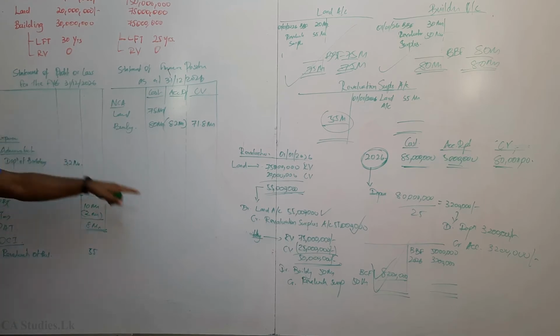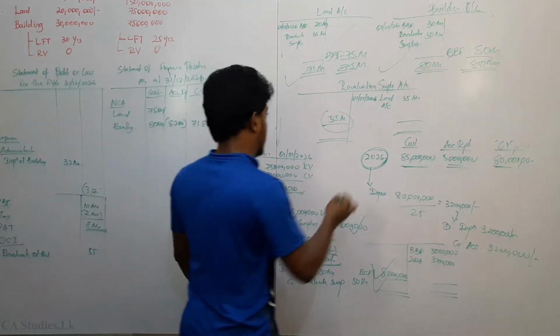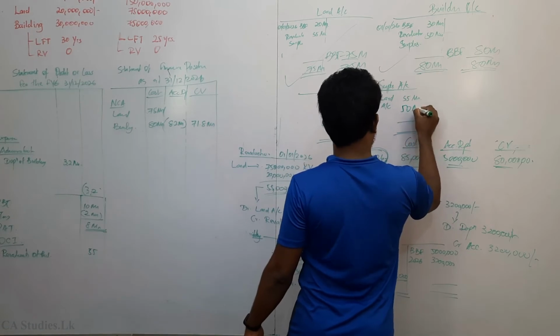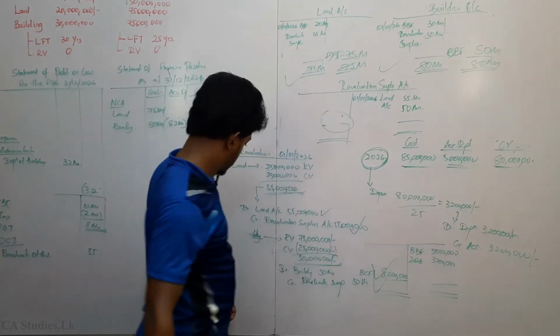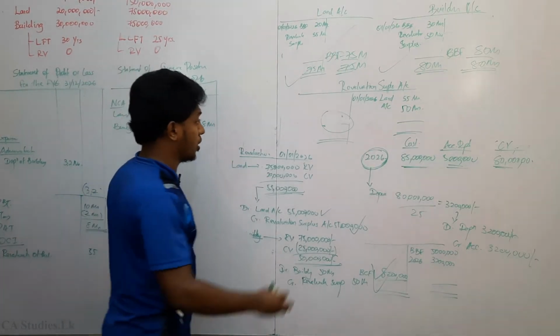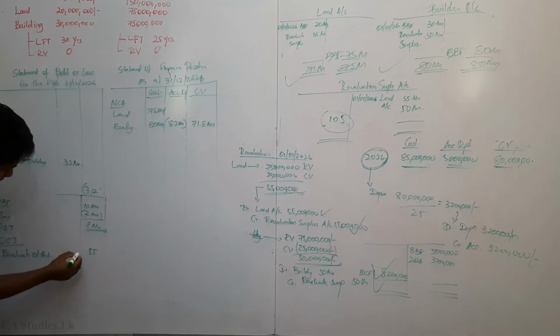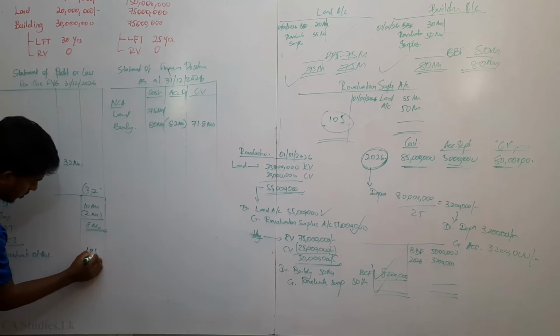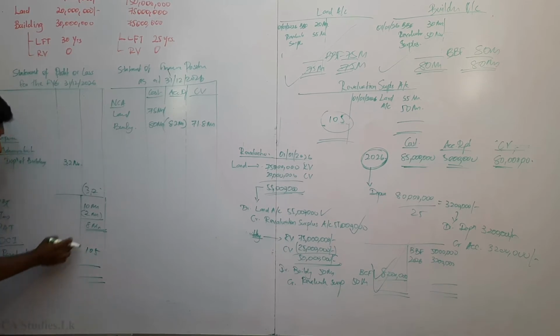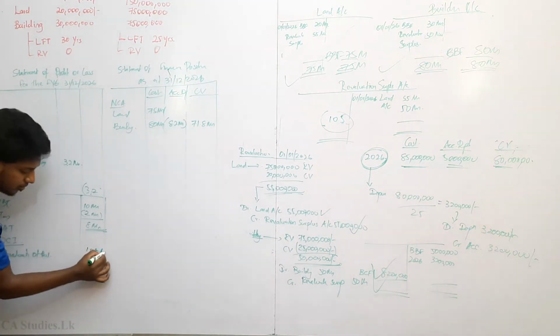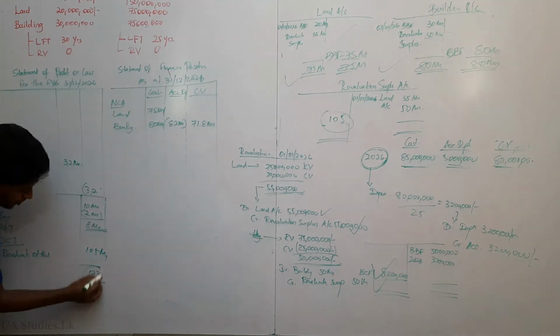Land 55 million, building 50 million, altogether 105 million. 105 million I am showing here, right? Now the total other comprehensive income is 105 million, and total comprehensive income is 113 million.